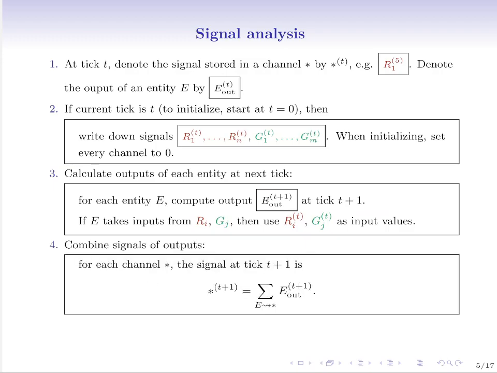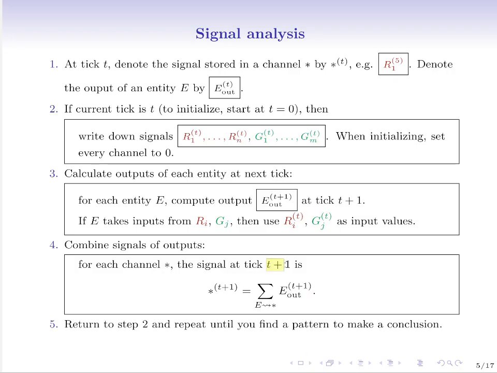And after you computed all the output values, you combine them. So if you have a channel, say R1, and it has a few machines that all output into R1, you would sum them together. So I would say for each channel star, the information at tick T plus 1 is the sum of all the outputs such that the entity output is connected to this channel.